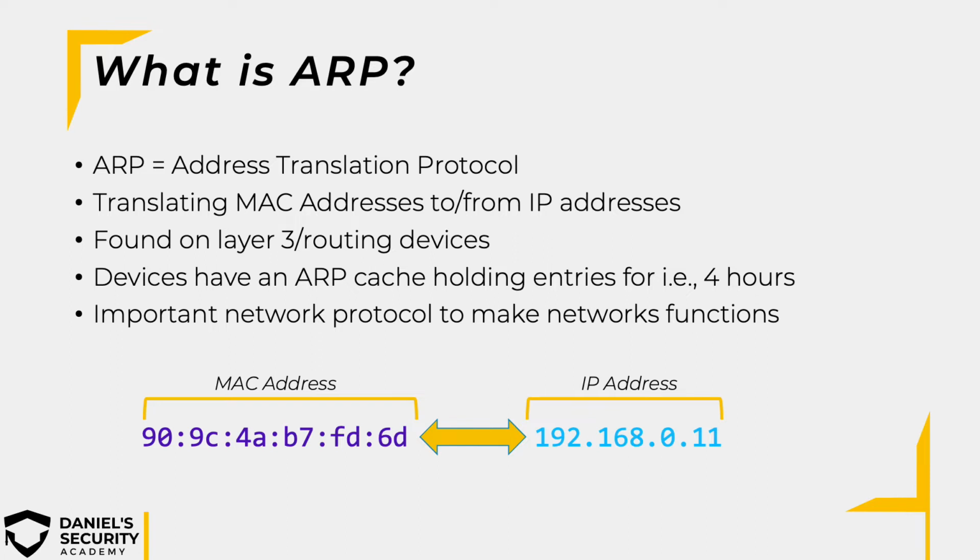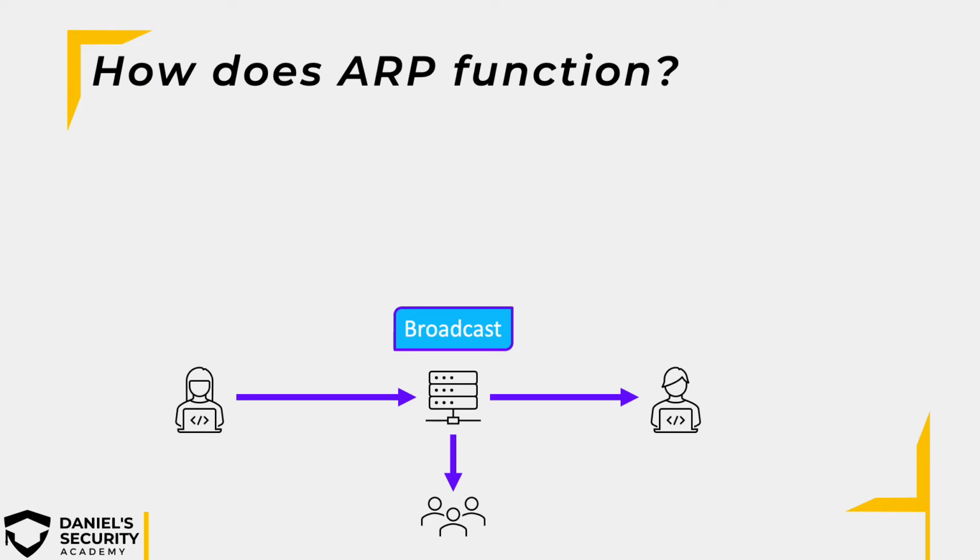So how does ARP function? We have two different ways of ARP. We have one, the gratuitous ARP, where someone announces his or her own IP address to MAC translation to the network.